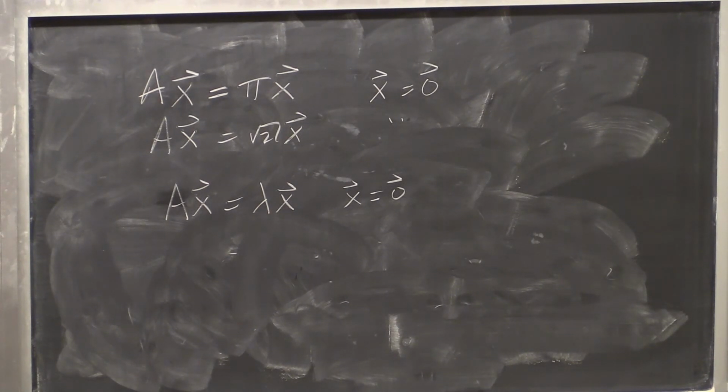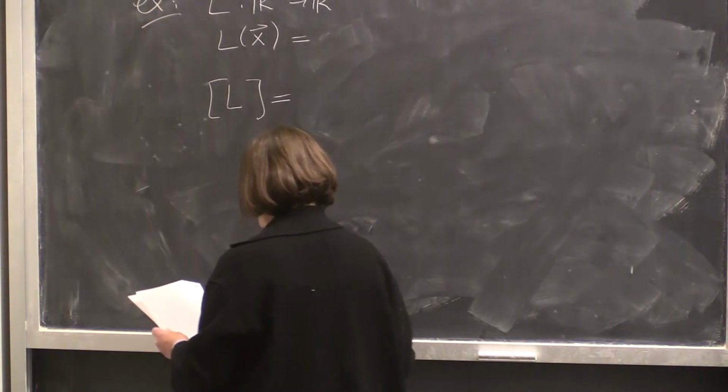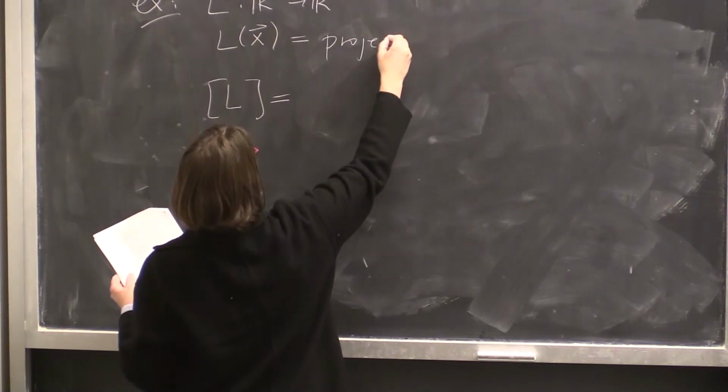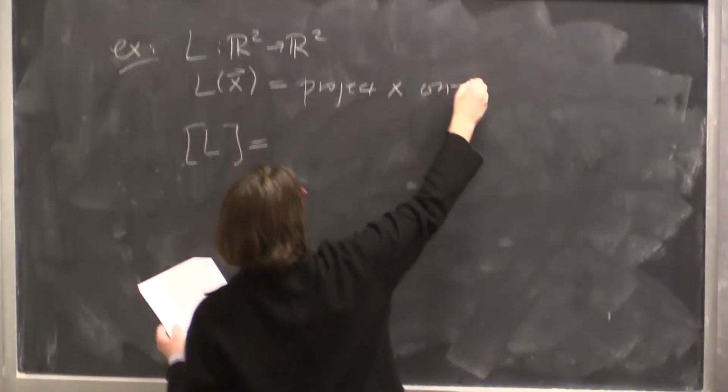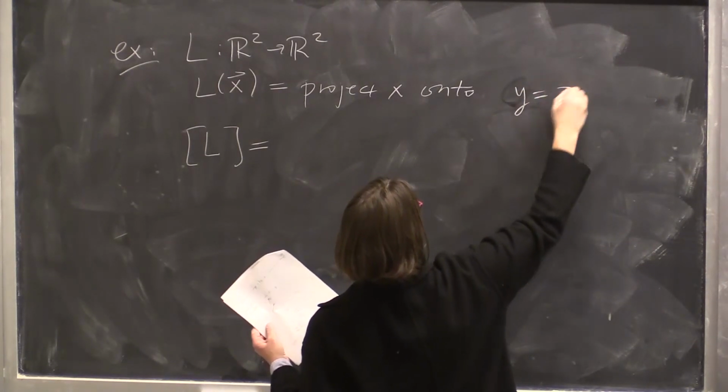OK, so another example. L goes from R2 to R2. L is project x onto the line y equals 2x.